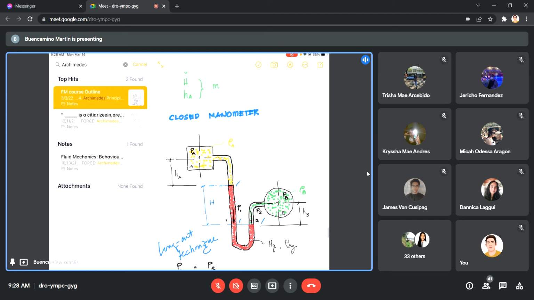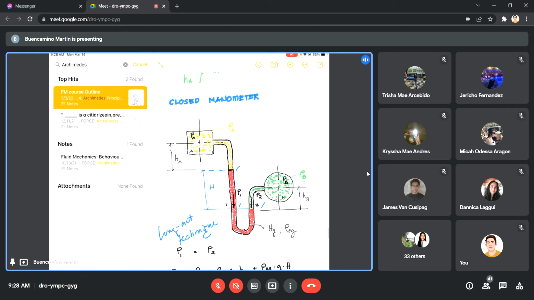So another type of manometer is a closed manometer. There's no difference from the open manometer, class, only that our fluid is enclosed and it is not exposed or open to the atmosphere, hence the word closed.